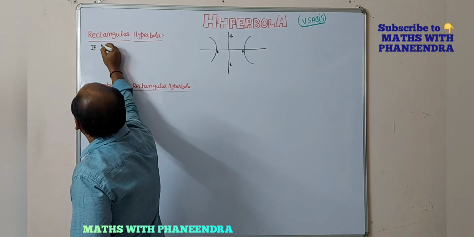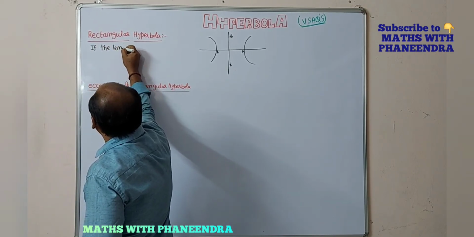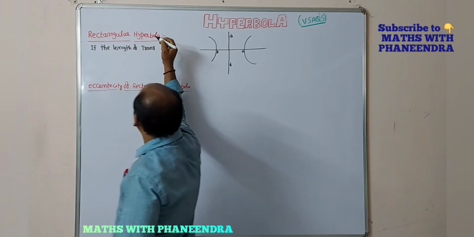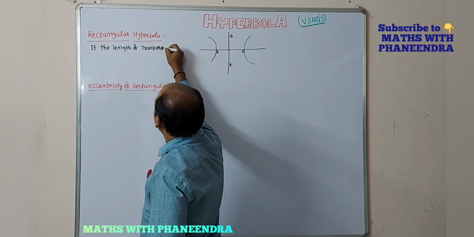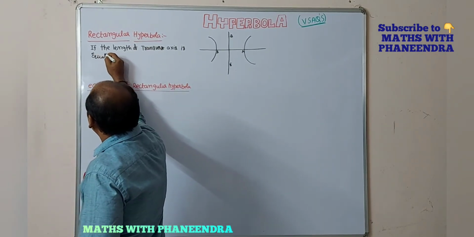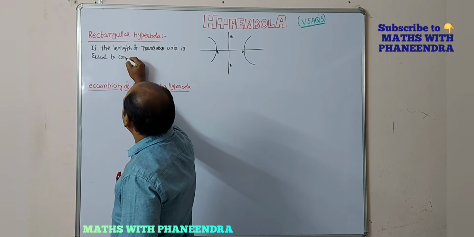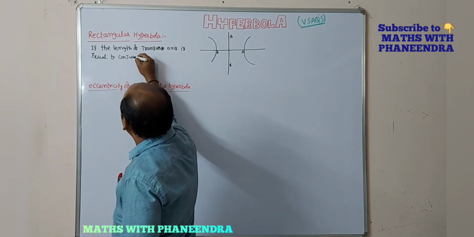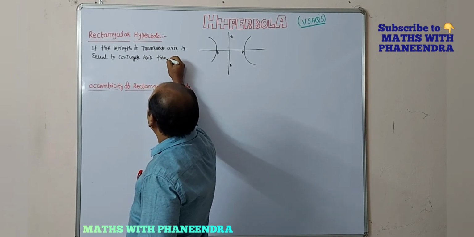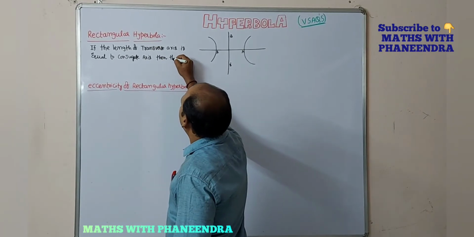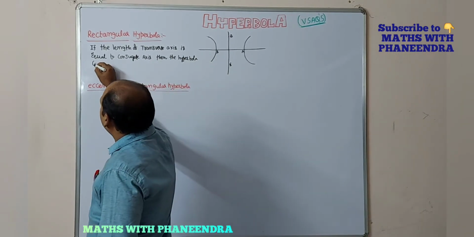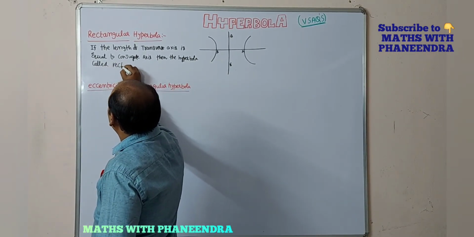If the length of the transverse axis is equal to the conjugate axis, then the hyperbola is called a rectangular hyperbola.